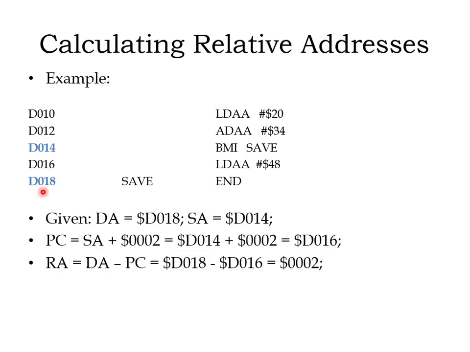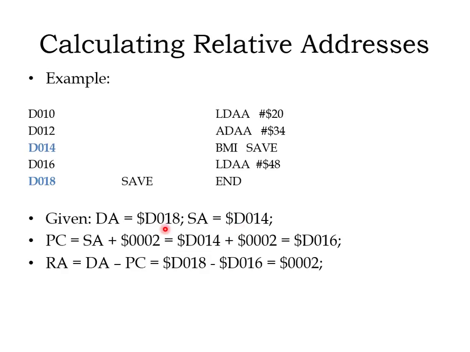I just got them from the question because these are the 2 things I need to know to calculate the relative address. So first I listed the ones that I'm given. I'm given the destination address, which is D018. I'm also given the source address, in short SA, which is D014.